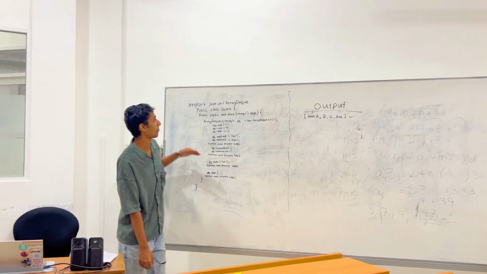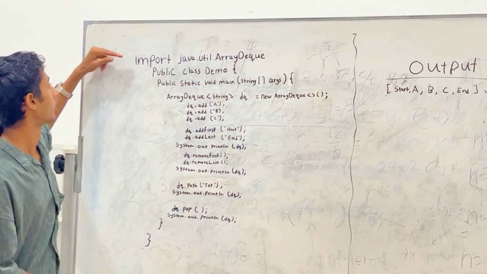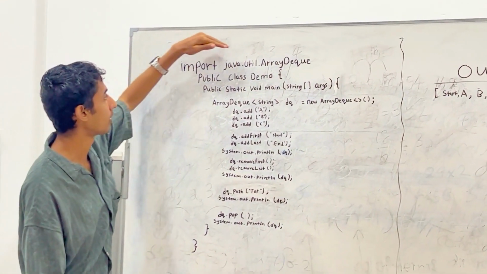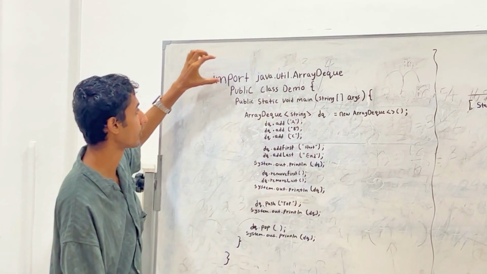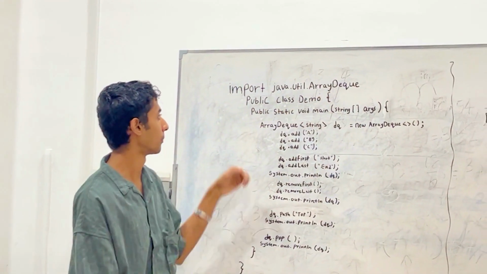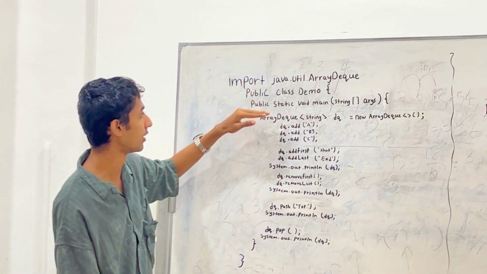It's very easy to understand, so let's understand line by line. The first line is import java.util.ArrayDeque. This is from the Java collection framework, and we have imported ArrayDeque. After that, we go on to the second line, public class demo.